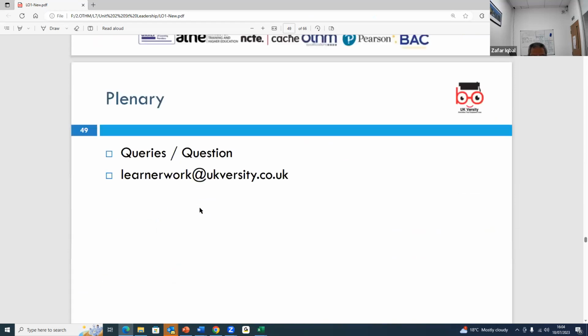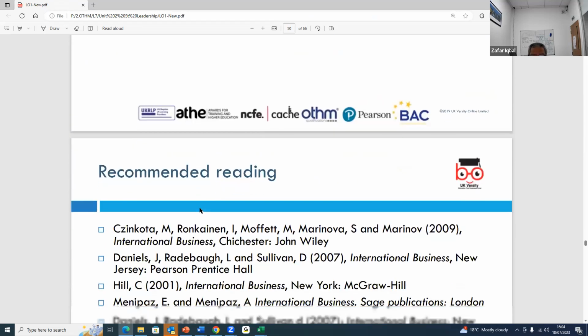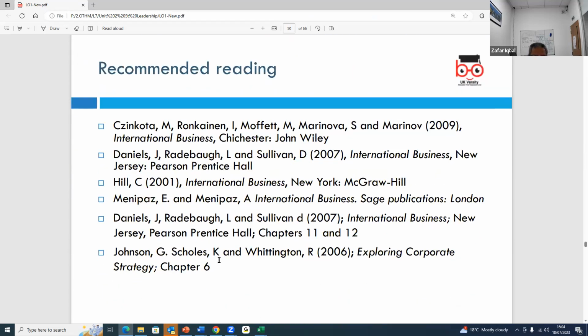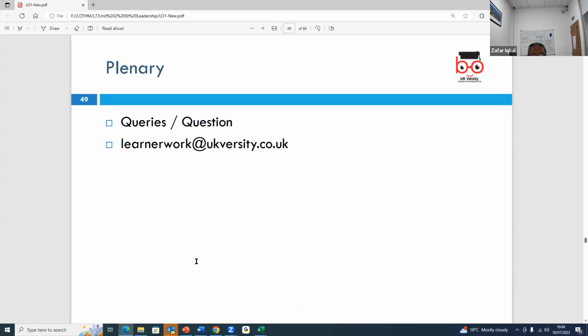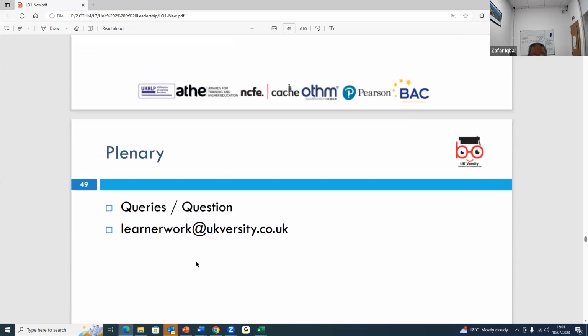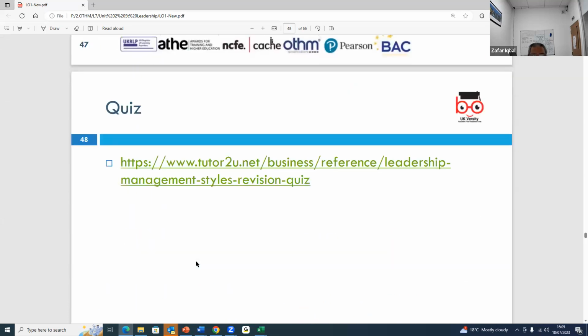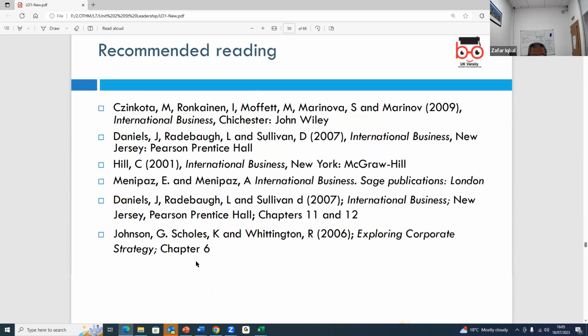As far as the resources are concerned, there are a lot of resources. There are a lot of books that you can read on your Moodle platform. You have a recommended reading list. Specifically, there's a good book by Johnson called Exploring Corporate Strategy. There are a lot of ebooks. There's a quiz on there you can look up.